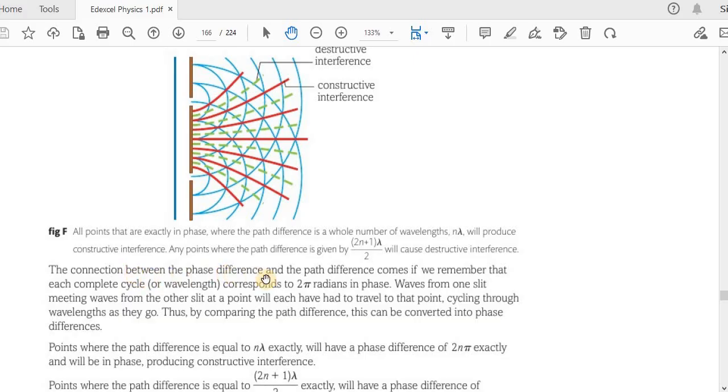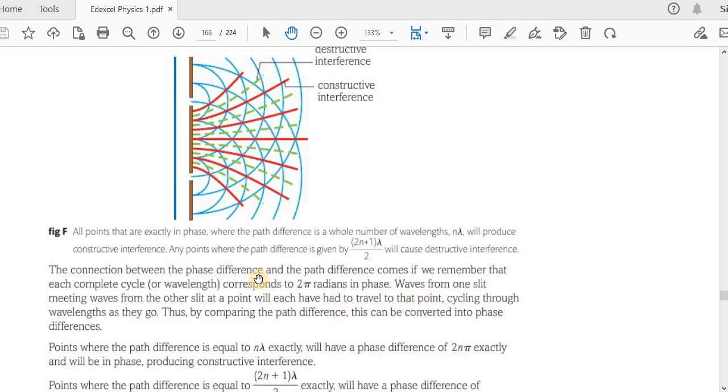The connection between the phase difference and the path difference comes if we remember that each complete cycle or wavelength corresponds to 2 pi radians in phase. Waves from one slit meeting waves from the other slit at a point will each have had to travel to that point.